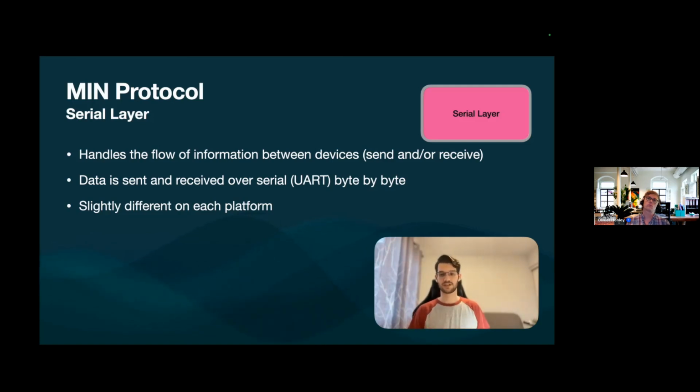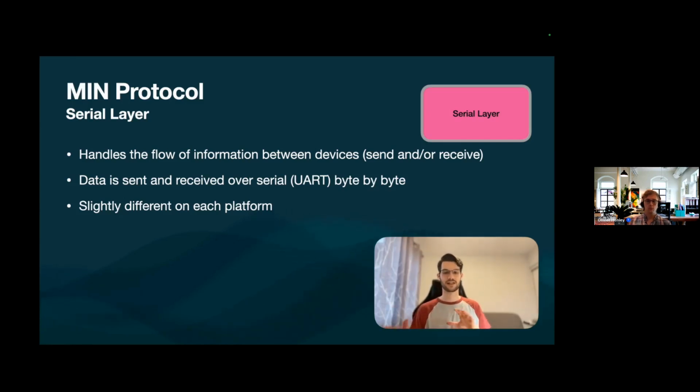Its purpose is to take the data that we are sending and send it byte by byte over the serial link. In this case, I was using UART, but there could be other options. To keep this simple, it's a UART serial link, and all the data is sent byte by byte, and on the other end, the receiver receives it byte by byte, and the pieces have to be put back together after.